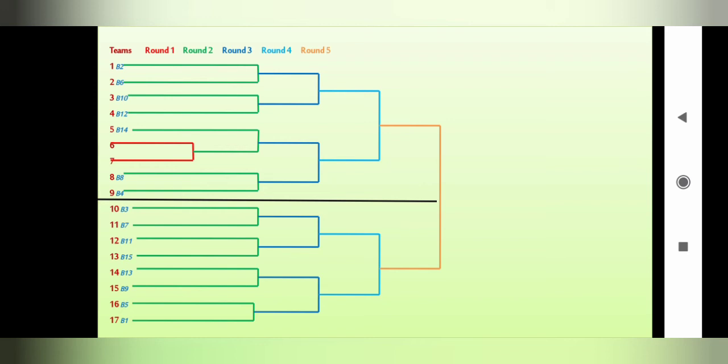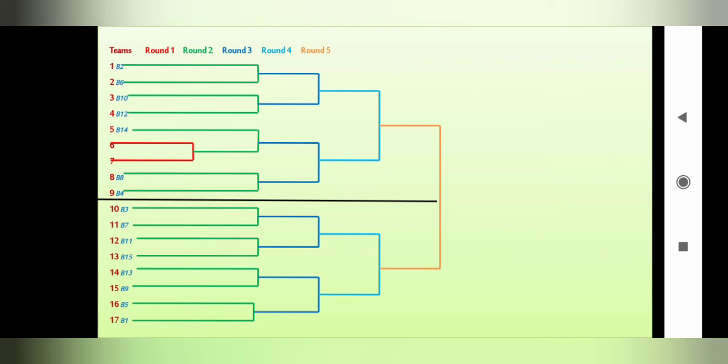Okay, so teams number 6 and 7 are not given byes, so these two teams are participating in round 1. Okay, only these two teams are participating in the first round.